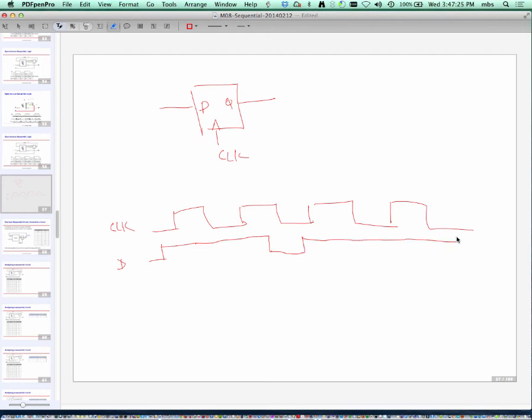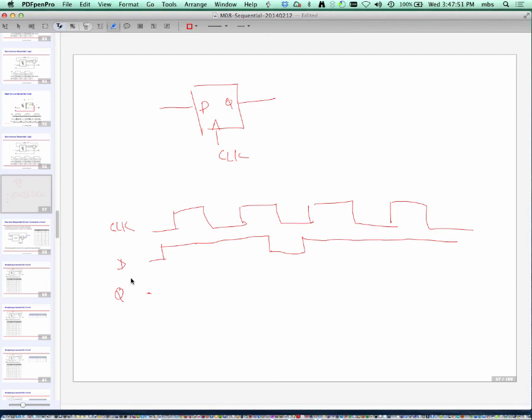Let's say I have a clock and I have a D signal like this. And I want you to tell me how the output would look. So let's say this is Q, and to begin with, let's say Q is 0. So can anyone tell me when Q will change first? So what will happen at the first clock edge?